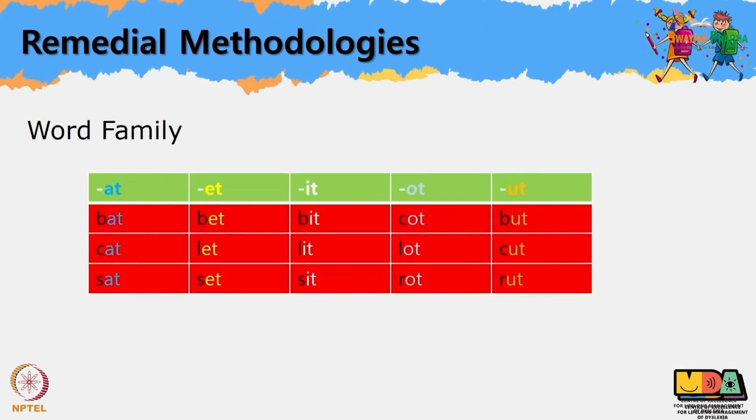Under et, we can have words like bet, let, set. Same way under it, we have bit, lit, sit, fit. Under ought, caught, lot, rot, and under ut we have but, cut, nut, rut.